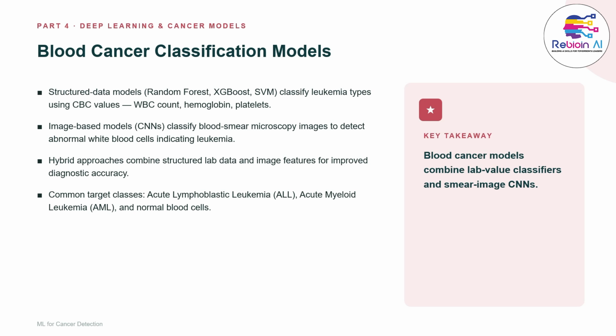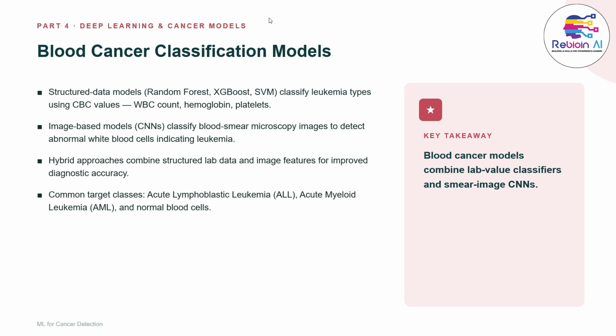It's like diagnosing a car problem two ways. That is, you can check the dashboard readouts, here the numbers like CBC values, or pop the hood and visually inspect the engine, here images like blood smears. The best mechanics often do both.